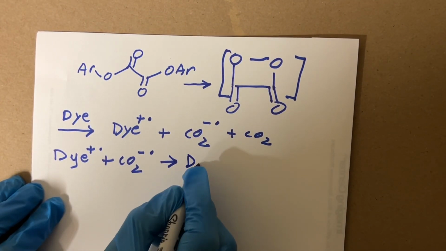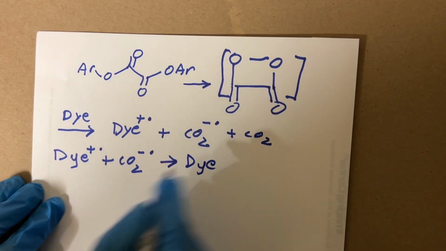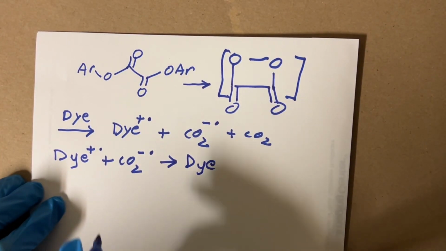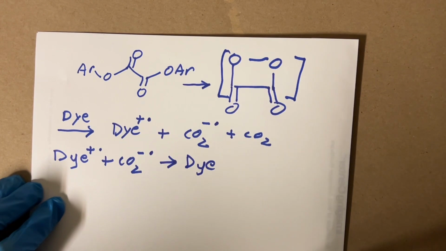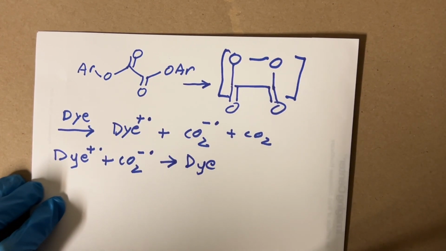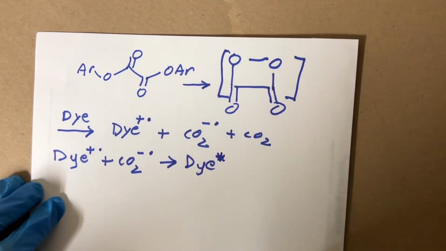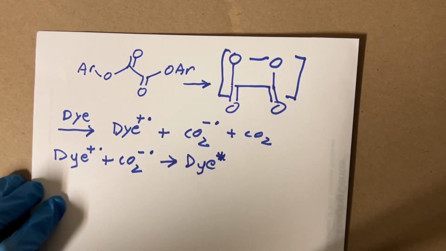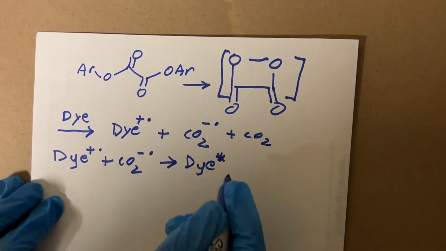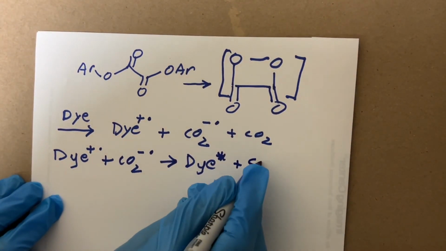and then the dye gets back its electron, but it also gets extra energy. Including the electron, it gains a bit of extra energy and goes into a higher energy level state. So we can put an asterisk near the dye to indicate the higher energy level state. And then it regenerates regular CO2.